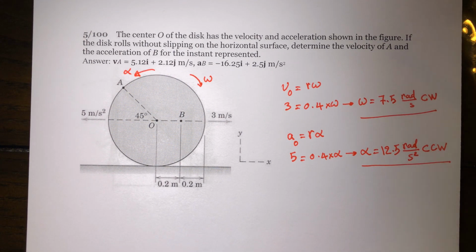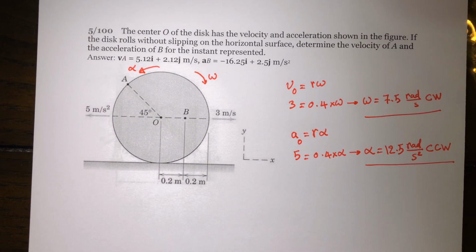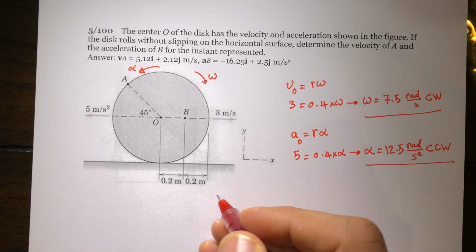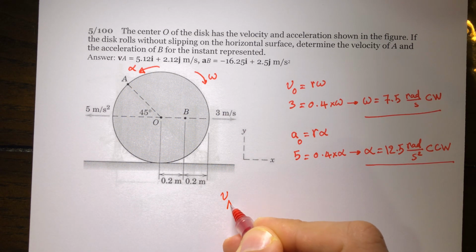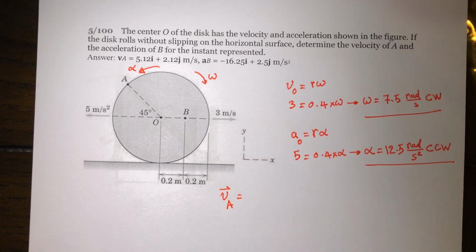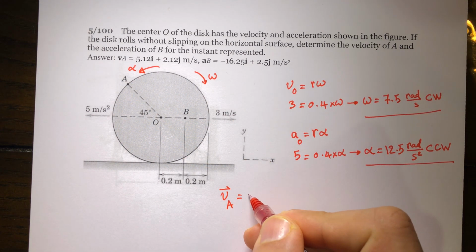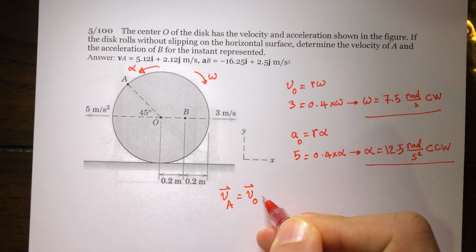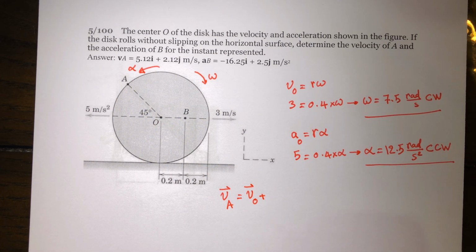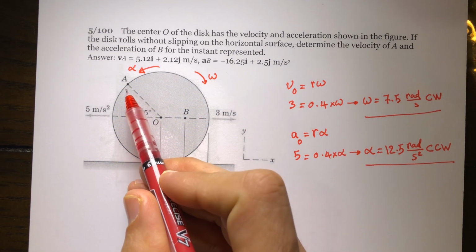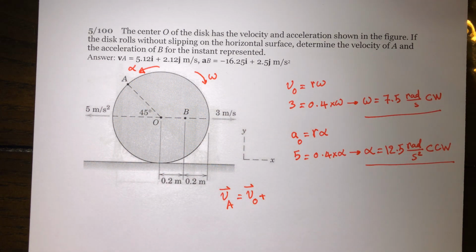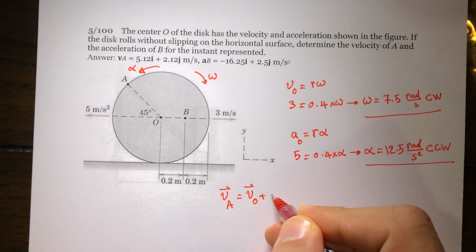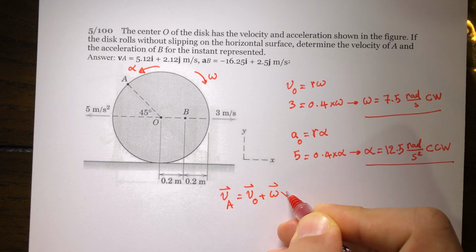After finding omega and alpha, now I can find the velocity and acceleration of any other points of the disk. For example, to find the velocity of A, we can write the relative velocity equation between A and O. Velocity of A is equal to velocity of O plus the relative velocity of A with respect to O, which, if you remember, is going to be equal to omega cross OA.